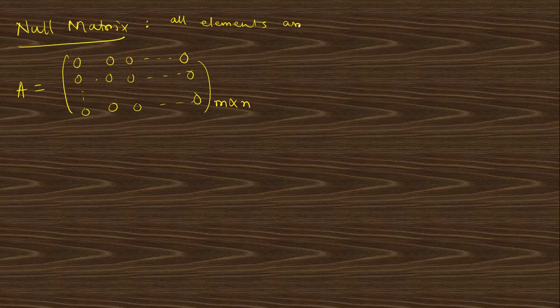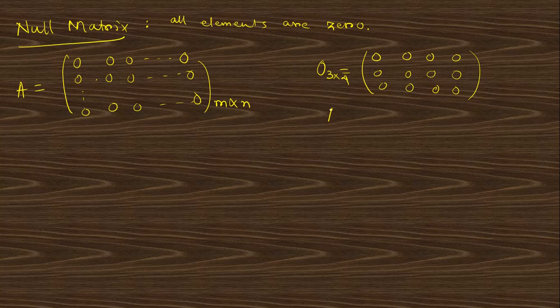Suppose you have O_3x4, that means a matrix of 3 by 4, number of rows is 3, number of columns is 4, and all elements are 0.